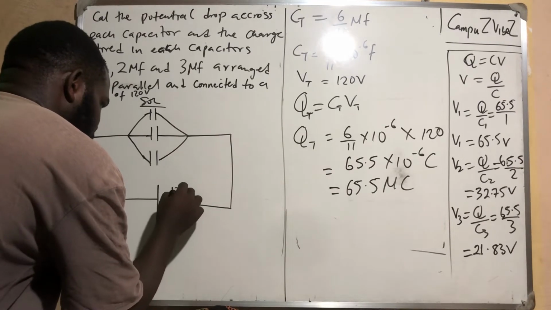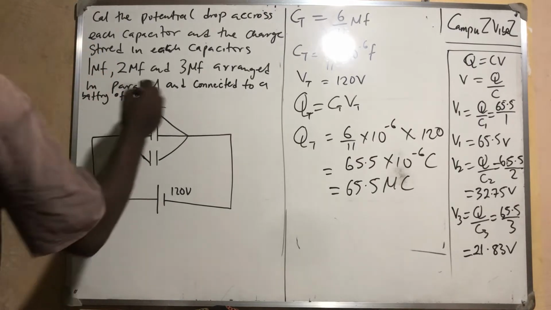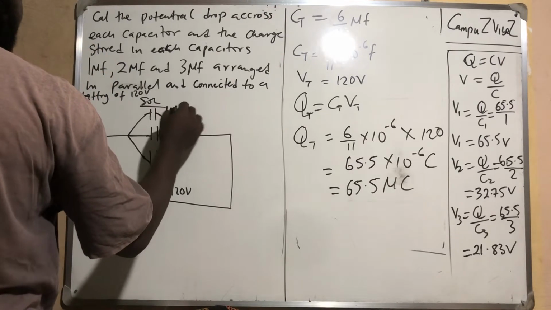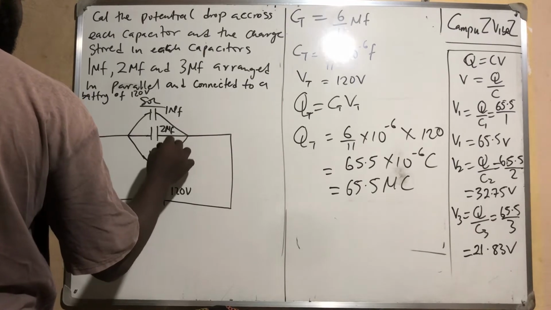So I have 120 volts here, and the capacitors are 1 mu farad, 2 mu farad, 3 mu farad.